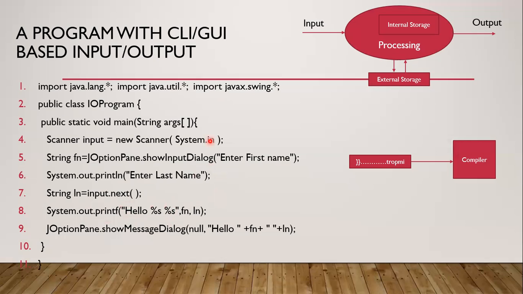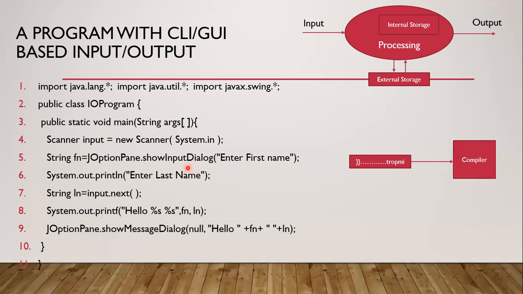So this is for the CLI: System.in to read from the keyboard, System.out to write to the display unit on your machine. Now coming to the GUI. For the GUI, we are using GOptionPane.